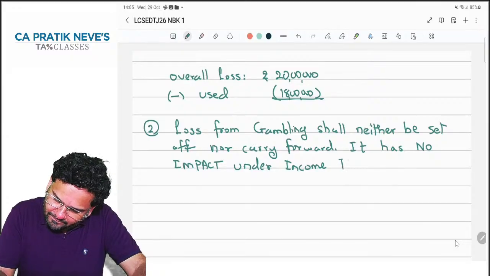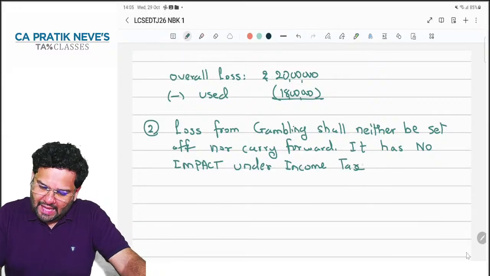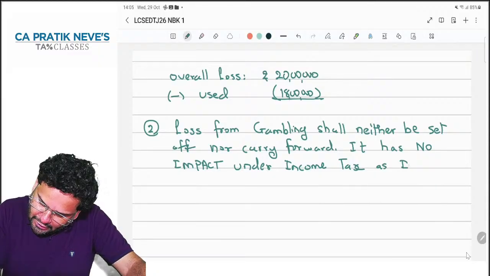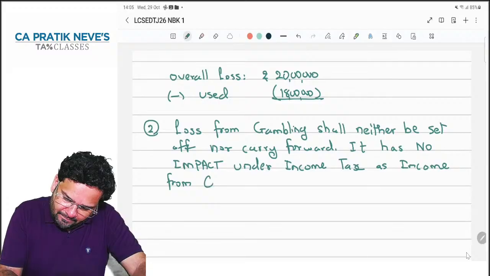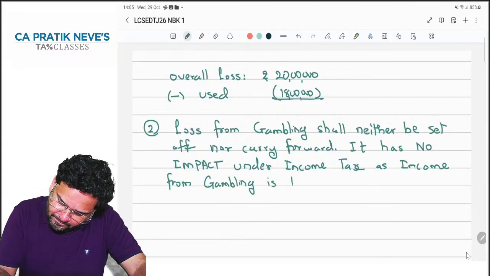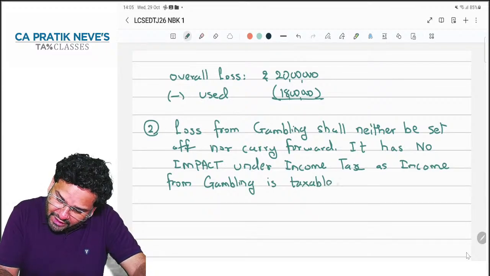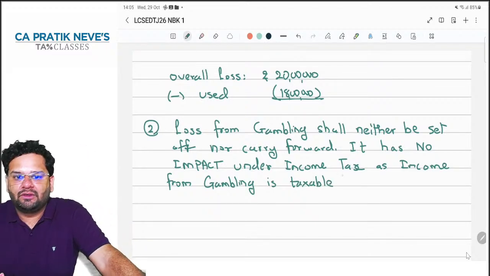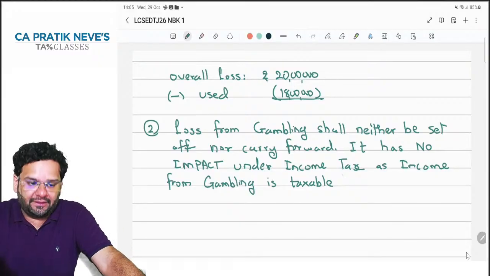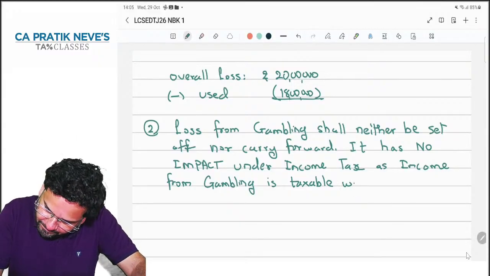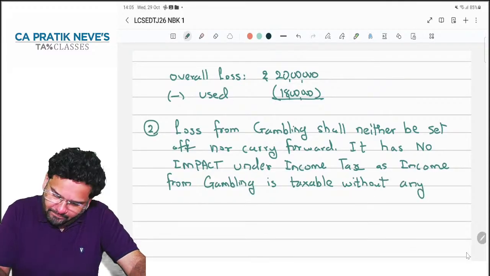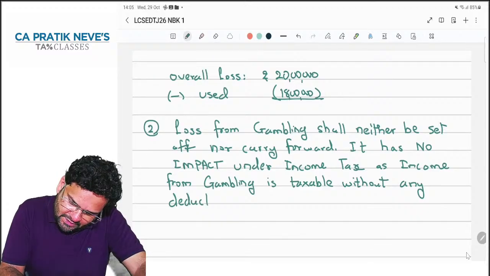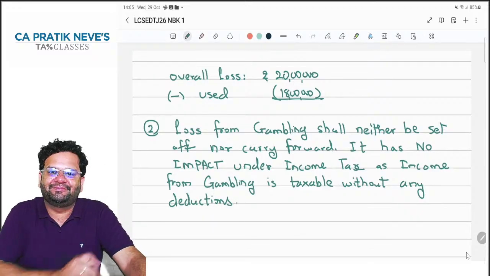Why? As income from gambling is taxable without any deductions. Is it clear to all of you, friends?